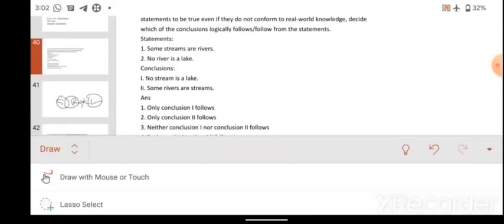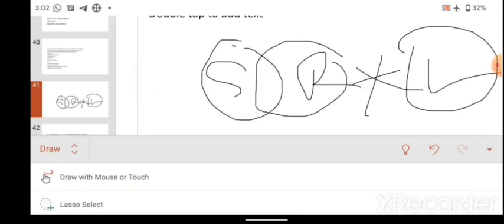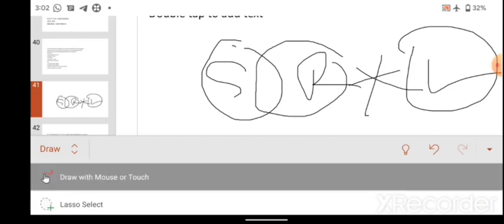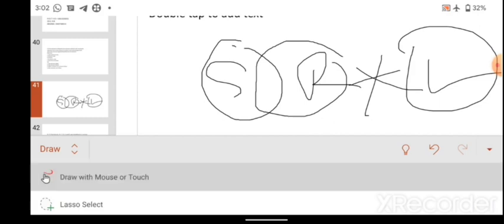So let's see the first conclusion: no stream is a lake. It is given that some streams are rivers. It is given that no river is a lake, but some streams can be lake, right? You can draw the lake like this, because river is not equal to lake. In this way, no lake is equal to river, but some streams can be lake.